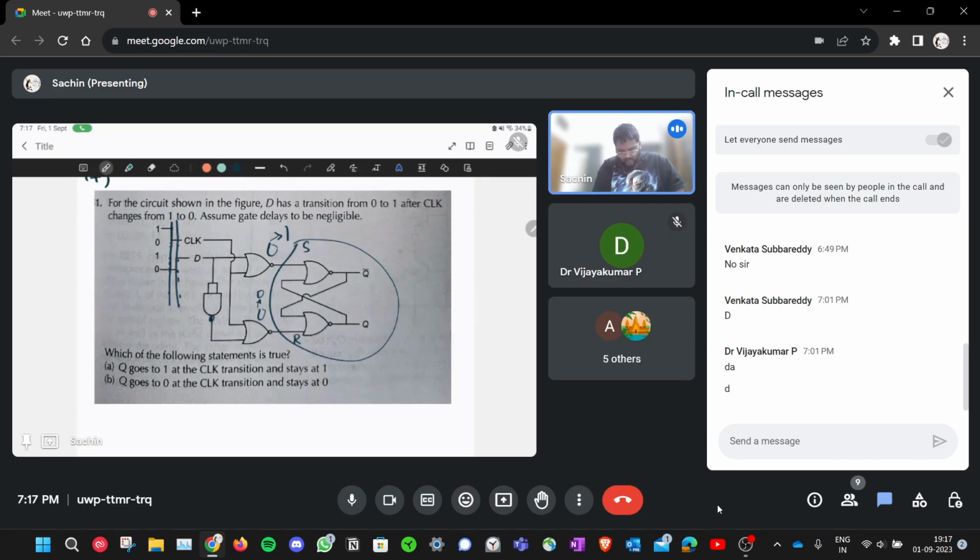Yeah, the output Q will go to 1 now, and Q bar will go to 0. And then next clock is low, D is high. So this will go to 0.